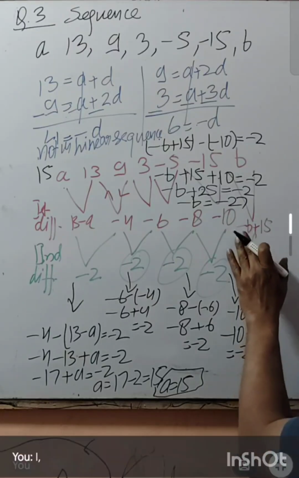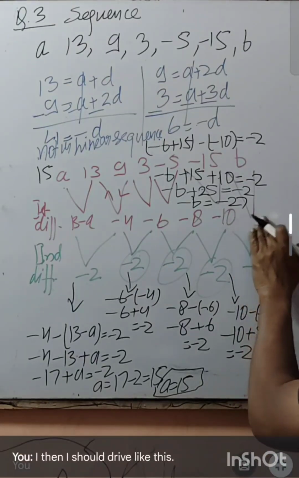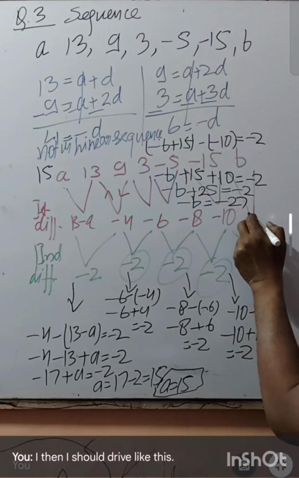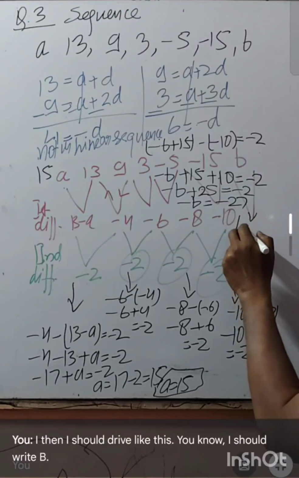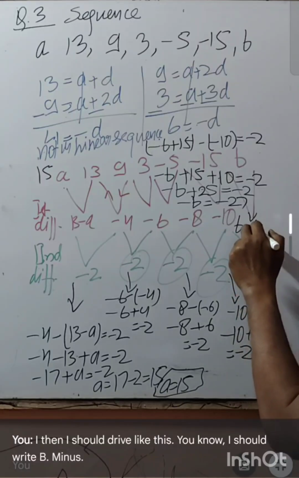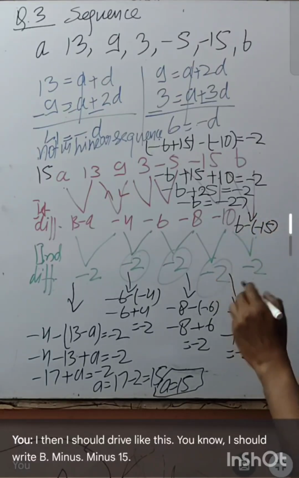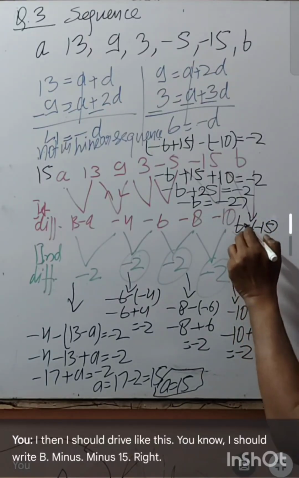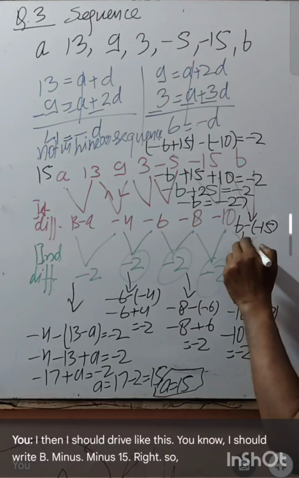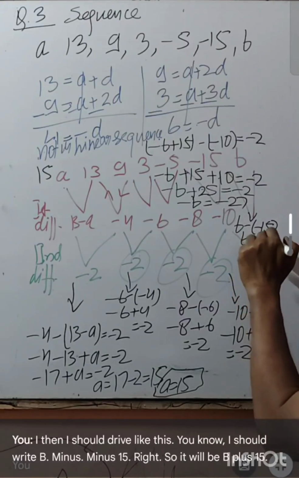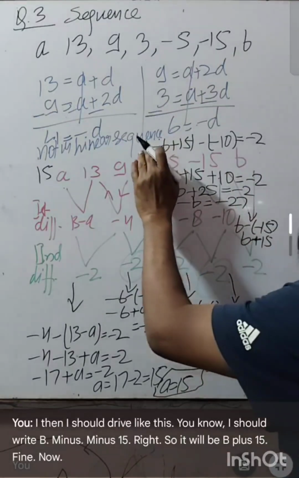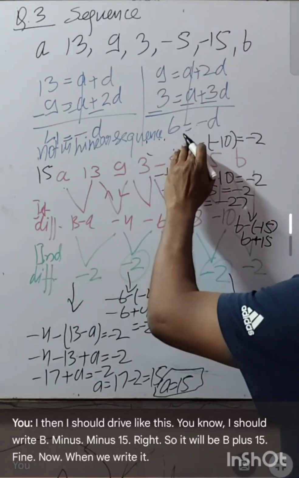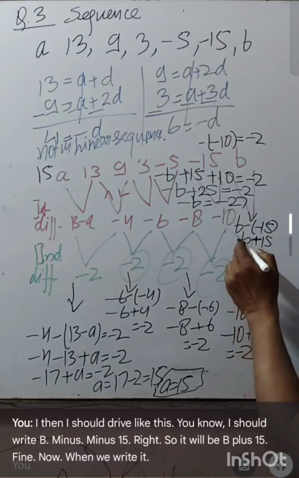Either I should write like this, here I should write b minus 15, right? So it will be b plus 15. Fine. Now, when we write it here, this is b plus 15.